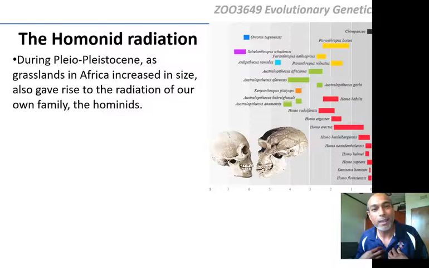Okay? We also are a product of an adaptive radiation, where you have lots of different species evolving in a very short space of time. And what happens when you have lots of species evolving in a short space of time?